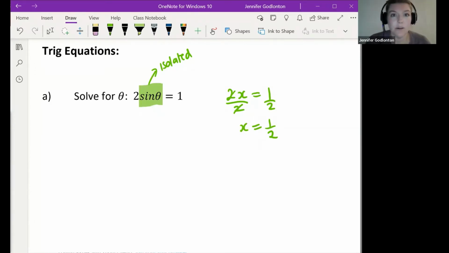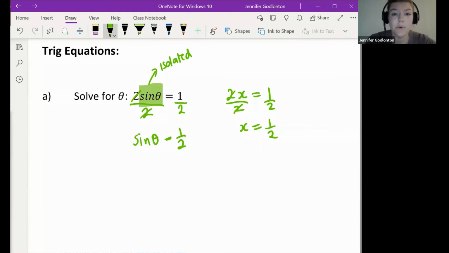It's the same thing though, okay? So we're going to say this side divided by 2 and that side divided by 2. Those 2's end up cancelling. And so we have sine theta is equal to a half.